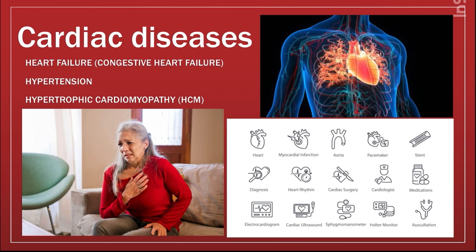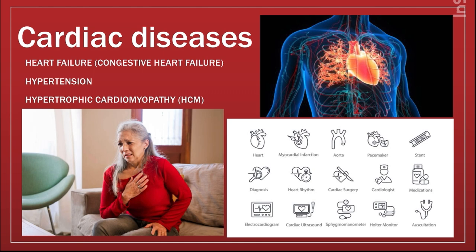We also got hypertension here, which is basically a common disease which occurs when you have high blood pressure in your blood vessels. This condition can increase the risk of serious health problems, which can include things like kidney problems or even stroke. And basically there's two stages of hypertension, which is stage 1 and stage 2.